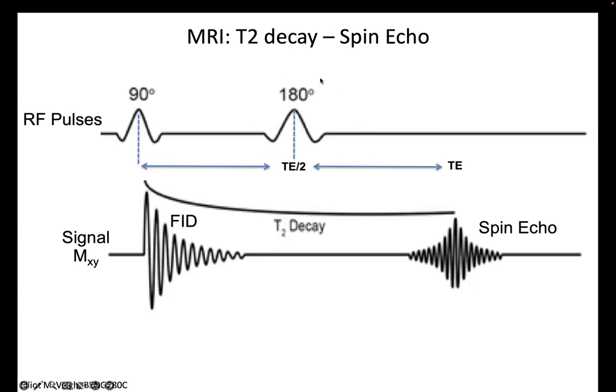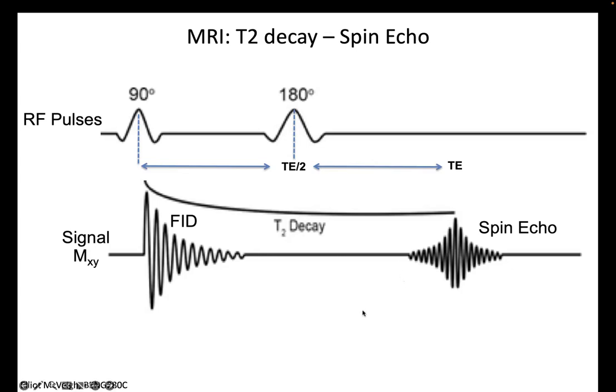Also, each one of these radio frequency pulses requires injecting RF energy into the patient, which can turn out to heat up the patient, especially if you make these time values short. So you do a 90 and then you put this 180 really close, and you do that over and over again, you can start heating the patient up with radio frequency energy.